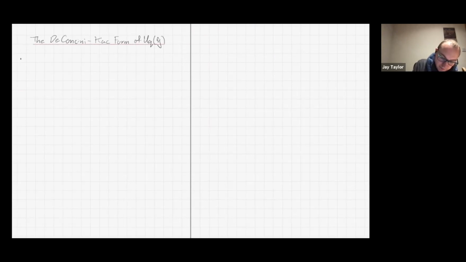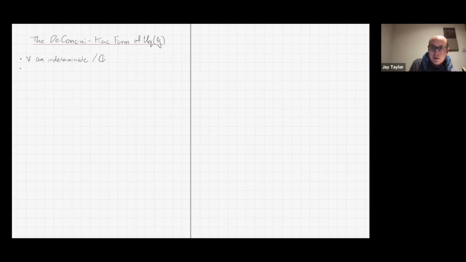Okay, so just some notation. v is an indeterminate over C. I want to think of it as an indeterminate, but really this is just playing the role of my q from before.